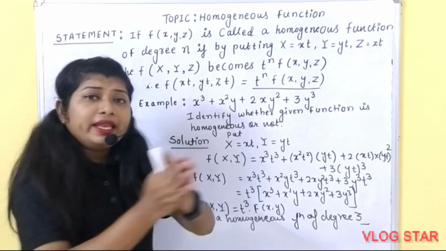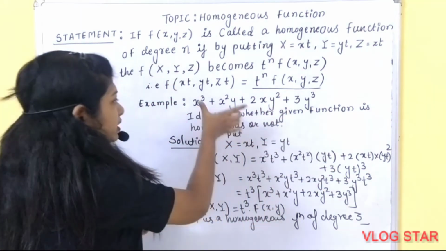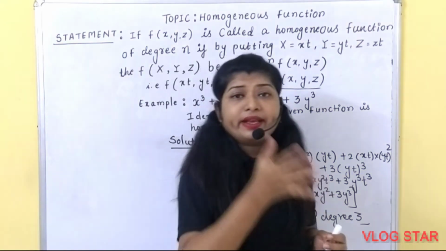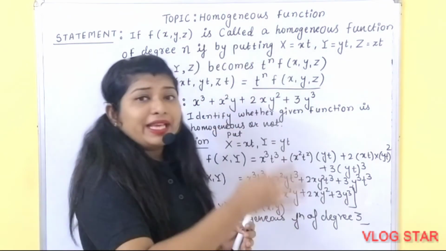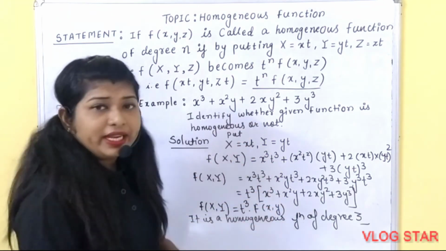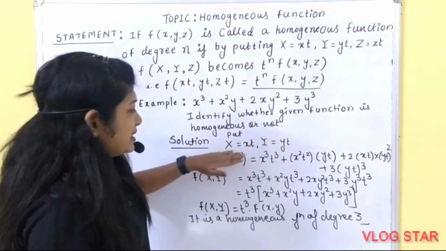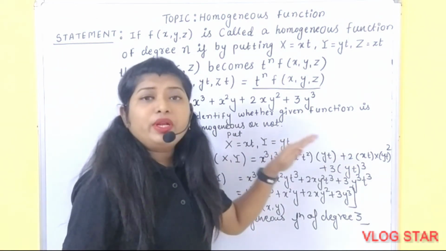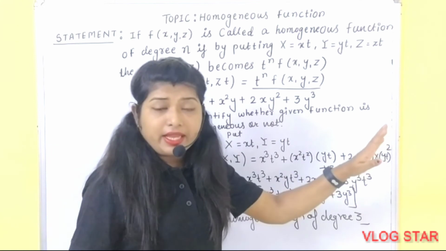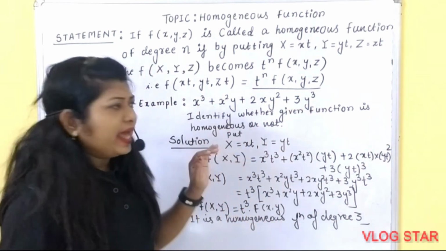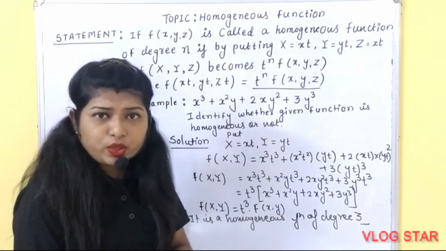I hope you have understood how to find out whether the given function is a homogeneous function or not. Again I'll repeat, you need to check whether the function consists of x, y or x, y, z. If it is x, y, z, then just as I substituted x equal to xt and y equal to yt, you simply write z equal to zt and perform the substitution.